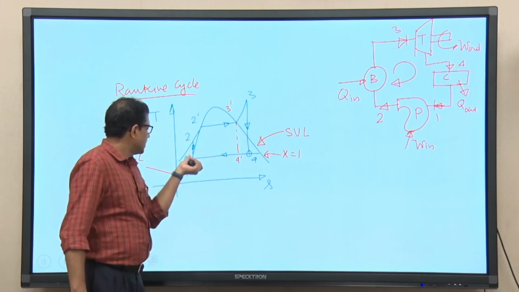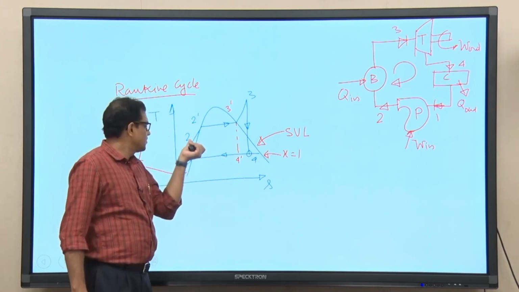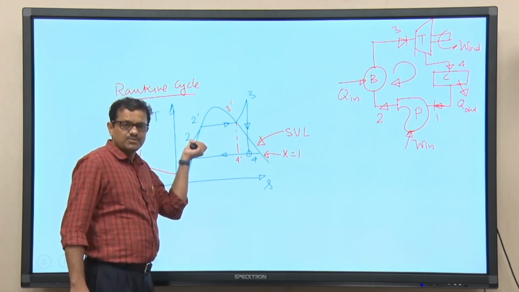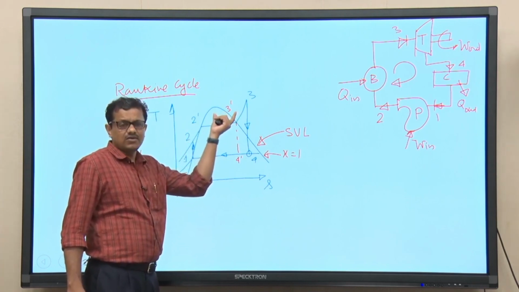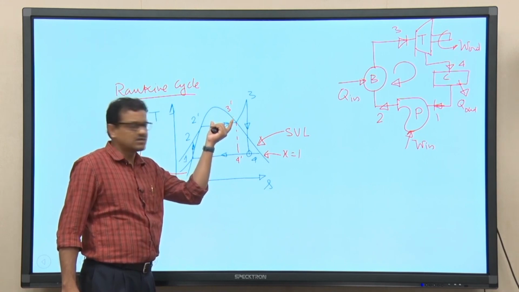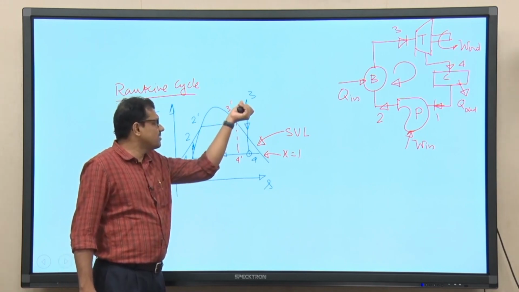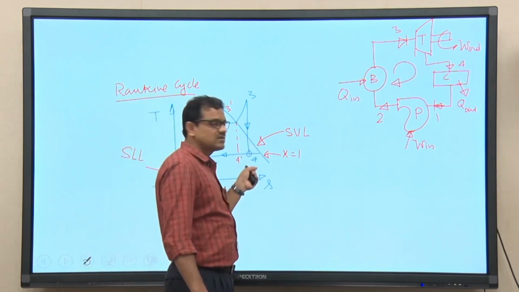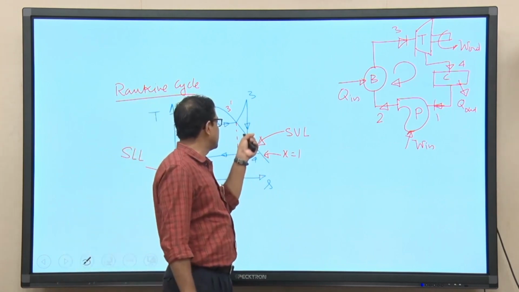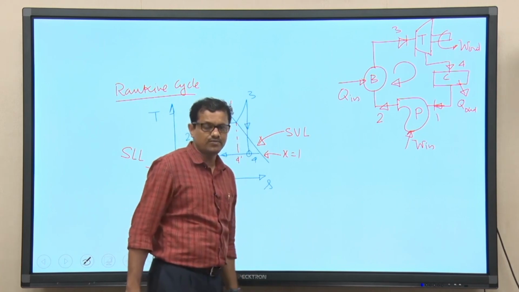So, this is a reversible adiabatic process, that is pumping. Then this is constant pressure heat addition, and the process 3 to 4 in the turbine is again reversible adiabatic expansion, because entropy at 3 is equal to entropy at point 4.